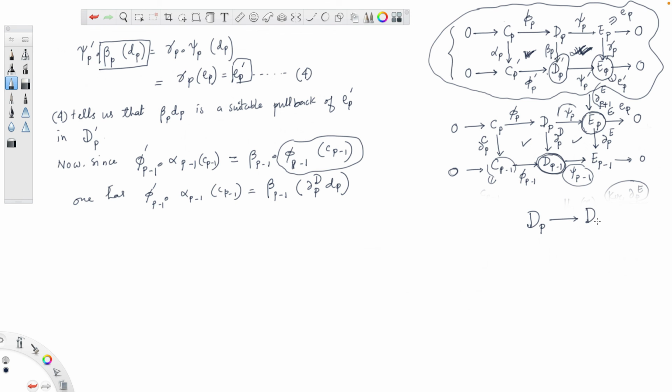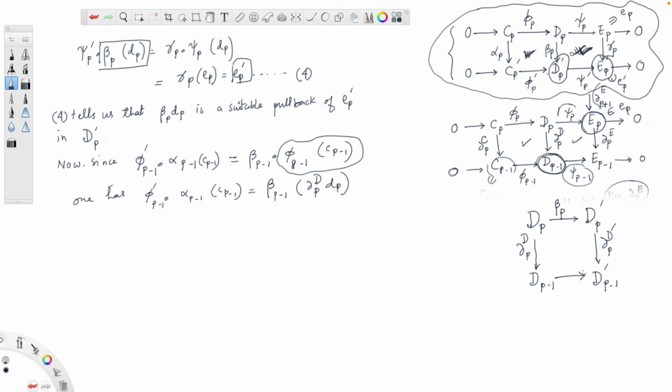The map from d_p to d_p prime is beta_p. The boundary operator acting on d_p takes us to d_{p-1}, and the boundary operator acting on the abelian group d_p prime takes us to d prime_{p-1}.